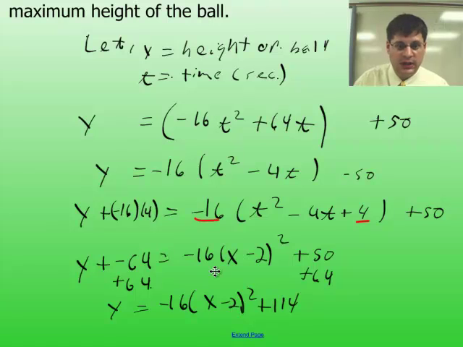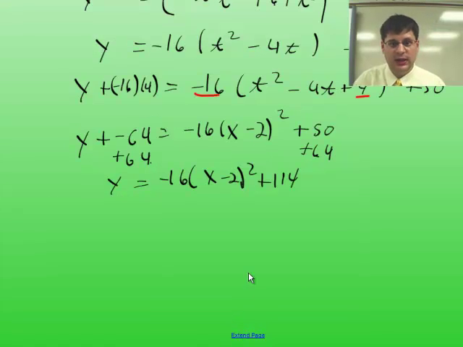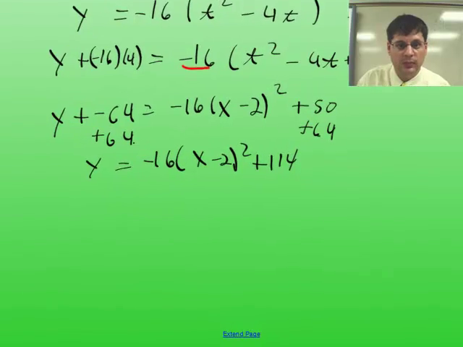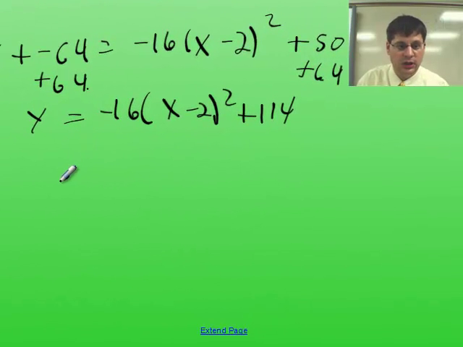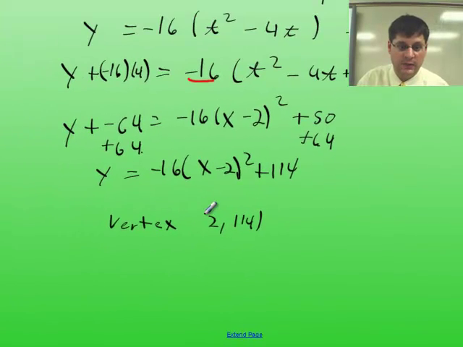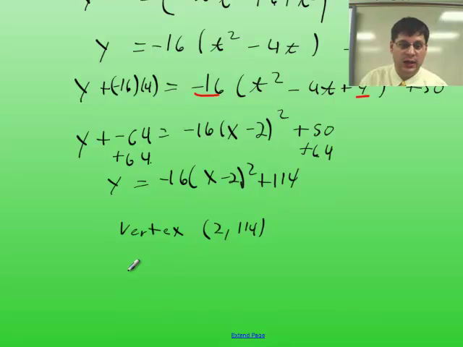Now that it's in vertex form, I can easily identify my vertex, which is located at h, k, so 2 and 114, but it's asking for the height. What's the maximum height? And my maximum height is y is equal to 114.